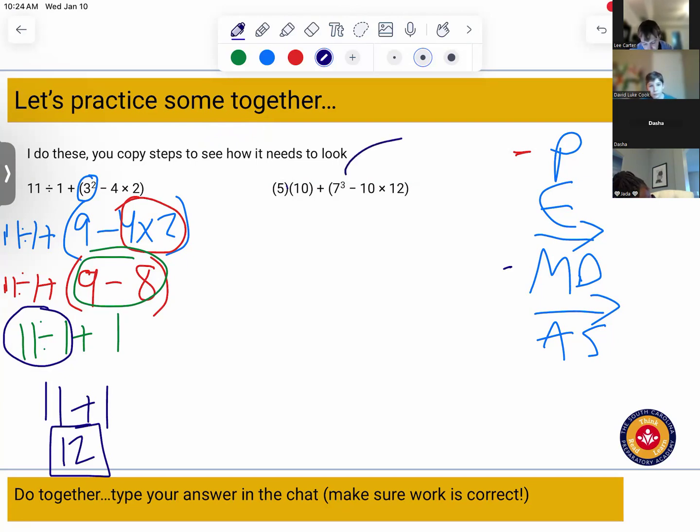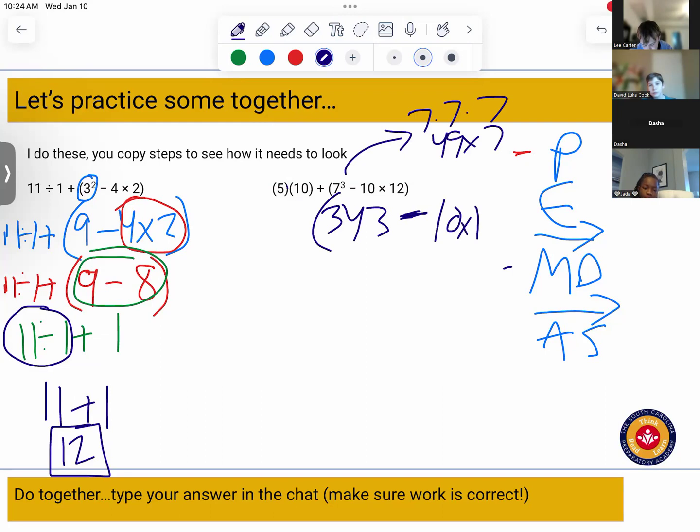Okay, so I probably would come to the side over here and say 7 times 7 times 7, that's 49 times 7, which I think is 343. Tell me if I'm wrong on that. I'm pretty sure that's right. Is that 343? I believe it is. All right, so this is 343 minus, and then 10 times 12.